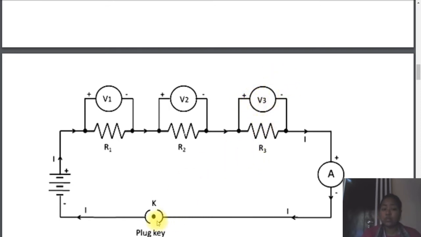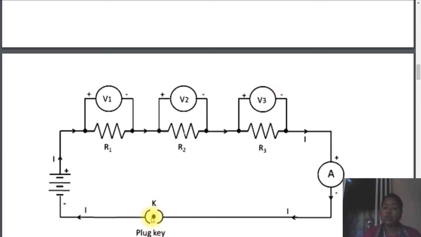Then again we close the circuit, current will flow, and that gives us the potential difference across R3. We calculate that value as V3. So now we have V1 across R1, V2 across R2, and V3 across R3.